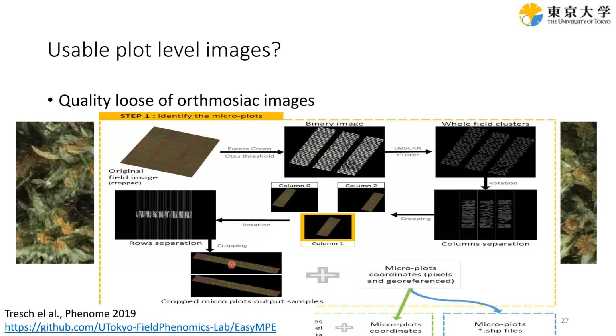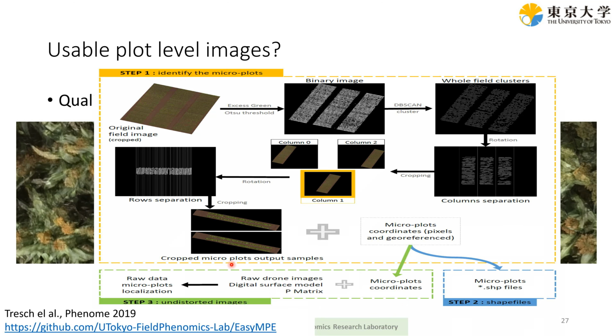So we also proposed a work that can help you do the plot segmentation in a semi-automatic way to provide the usable plot level images in the end. My student will give a poster presentation at Phenome 2019, and you can also find the detailed information on our GitHub page over here, and it will be online soon.